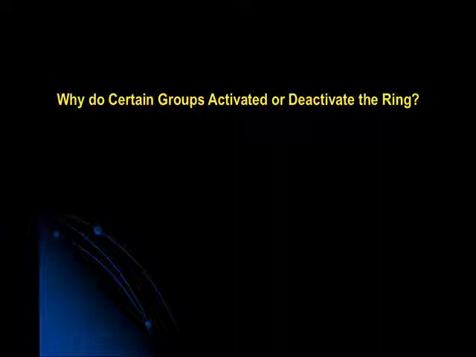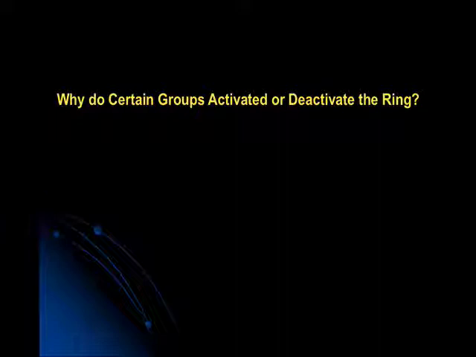So why does an activator activate a ring? Because they can donate electrons to the ring. That's right. They make the ring more electron rich. Why does a deactivator deactivate the ring? Pulls electrons out of the ring, right? It makes it electron deficient. That's the concept, right?